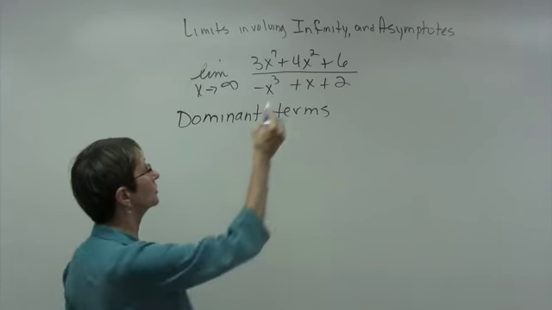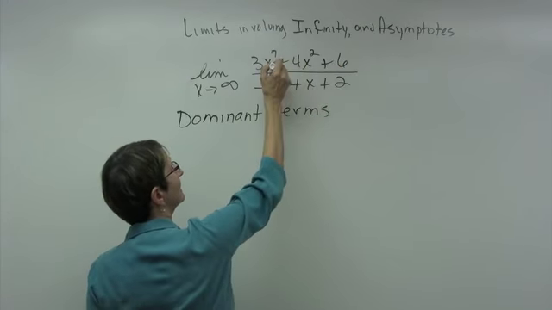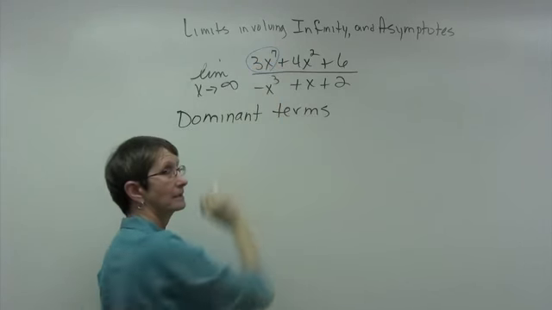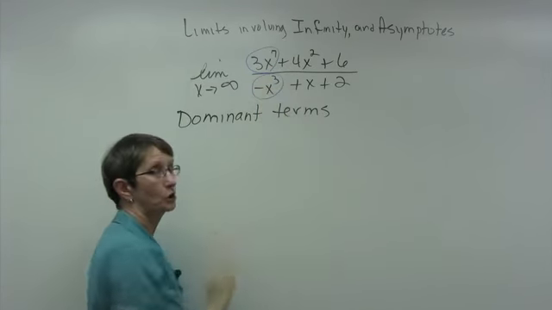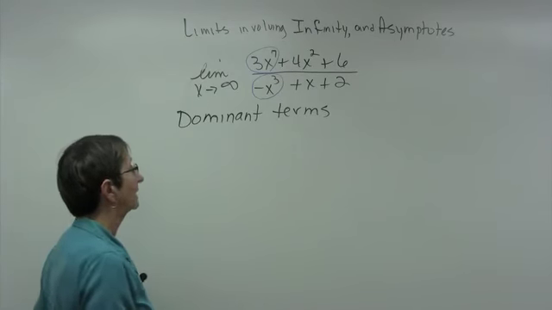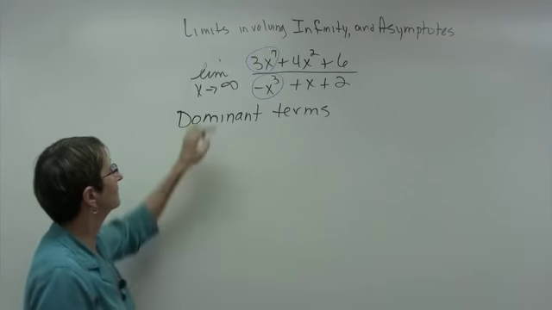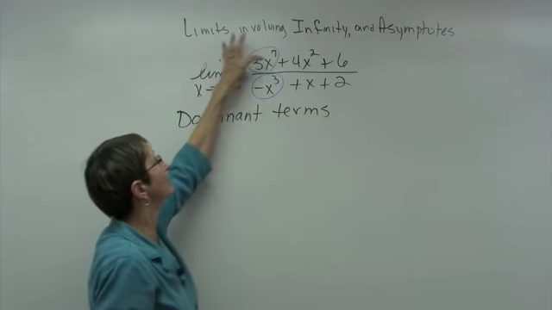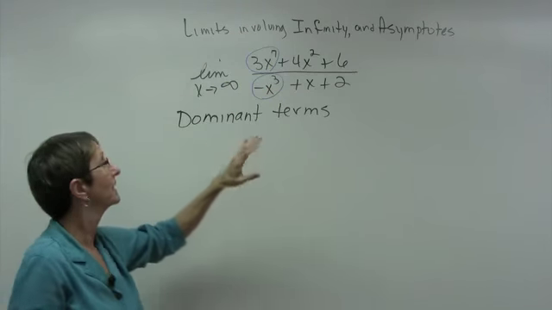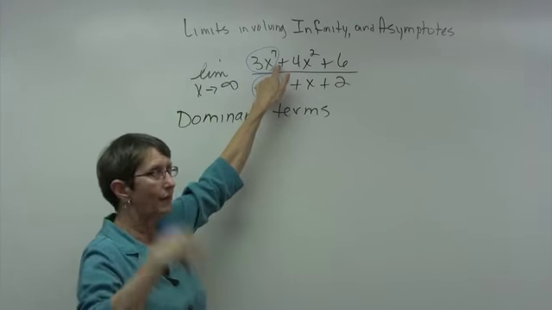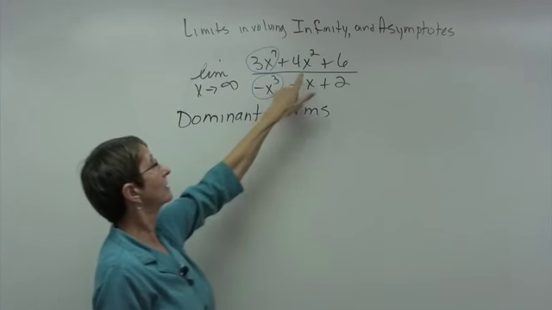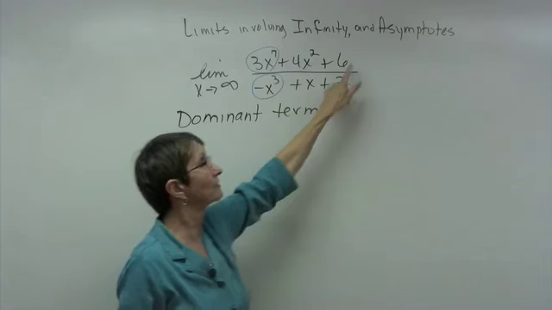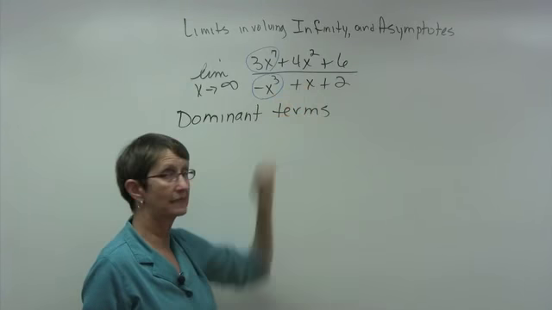So for this function, the highest power is x to the 7th. And in the denominator, it's negative x cubed. Now, it doesn't matter if it's a positive or a negative, if it's an even power or an odd power. If I put in 100, raise it to the 7th power, that is huge, even compared to 100 squared, and certainly bigger than 6. And the same thing down here.